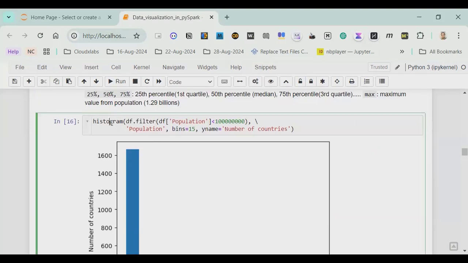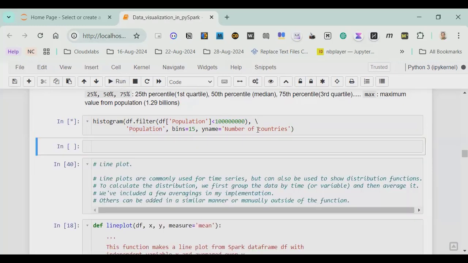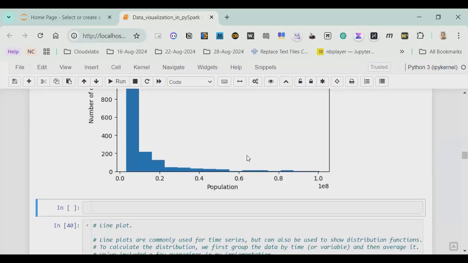Now the same histogram, I just want to filter some data, right? I'm taking population, but I just want to filter some context, less than, and in the same data I just want to provide population and bins. Same way. Now we got it here.